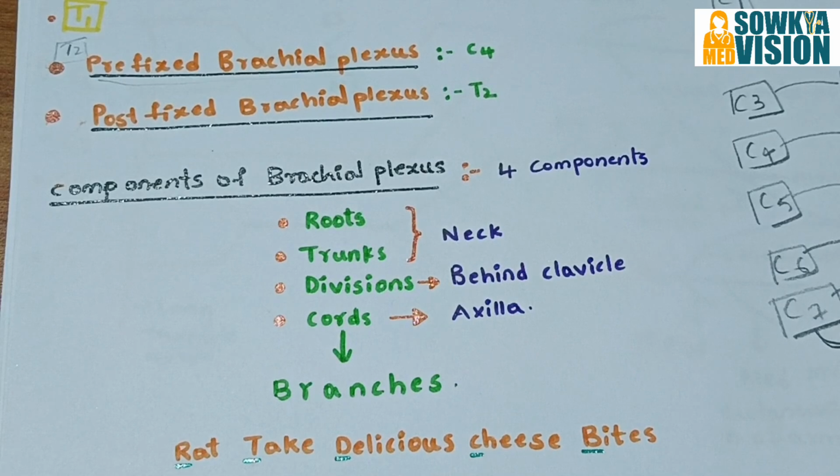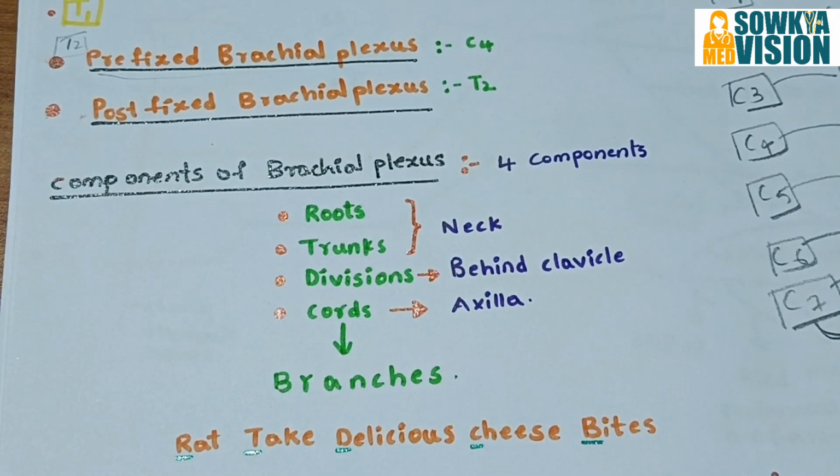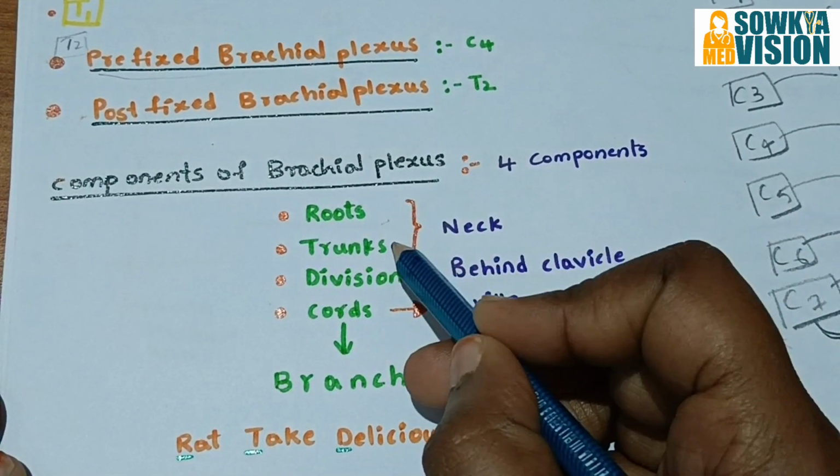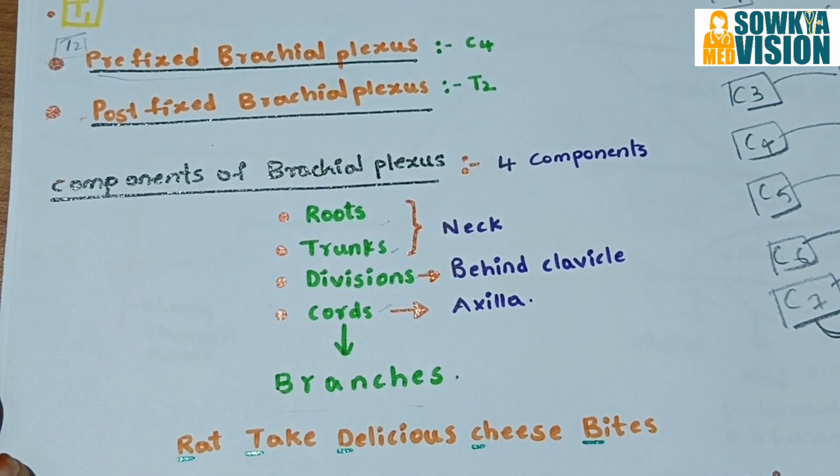Roots are formed into trunks, and each trunk is divided into anterior and posterior divisions, and their combination forms cords, which give the branches of the brachial plexus. So there are 4 main components with branches: roots, trunks, divisions, cords, and finally they give branches.